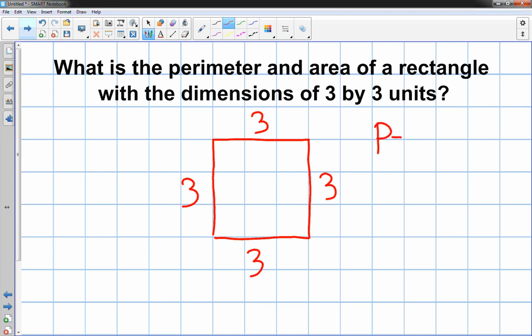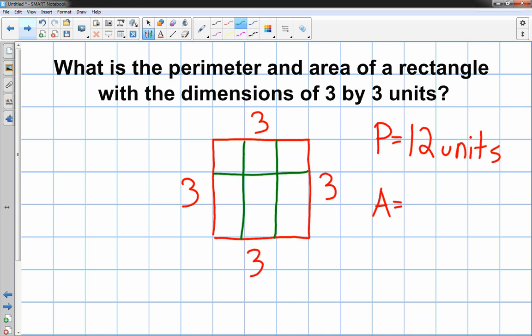The perimeter is 12 units. And the area, that's a multiplication problem. It's 3 times 3. Don't forget, for area you're doing 3 times 3 because you want to know how many squares are inside. There's 9 in there. So it's 9 units squared.